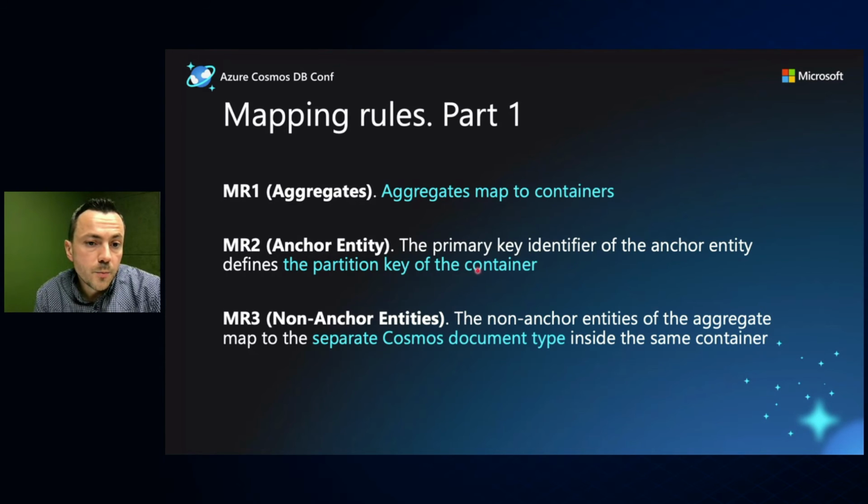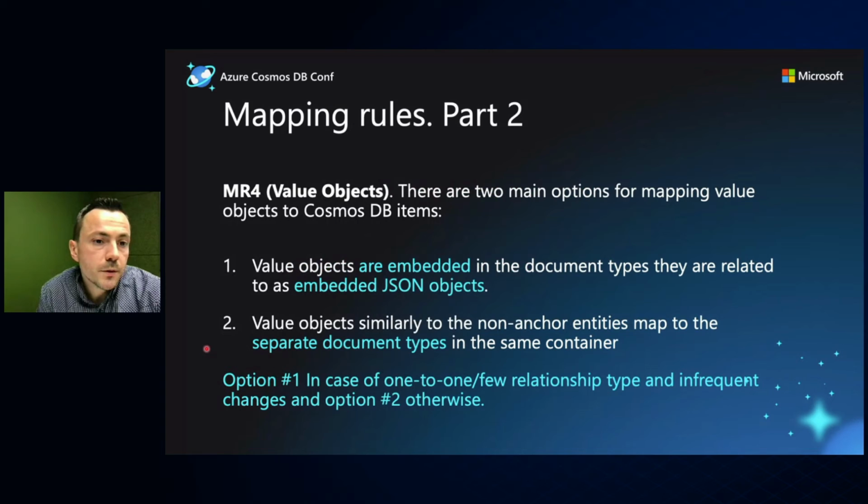Then, the primary key of the root entity defines the partition key of the container. The third rule is that each non-root entity inside the aggregate is mapped to a separate document type inside the same container, and we will take a look at examples slightly later. The fourth rule is about how to map value objects.